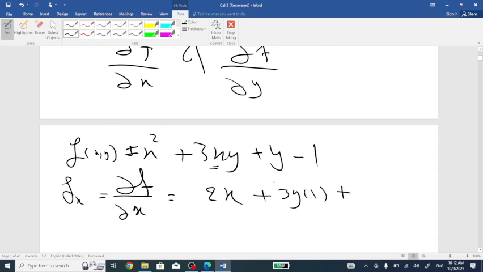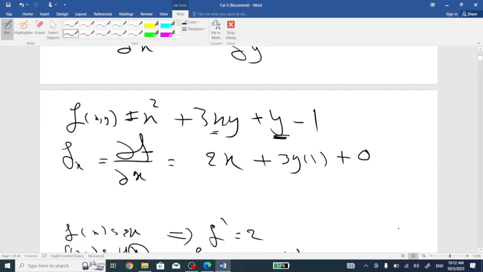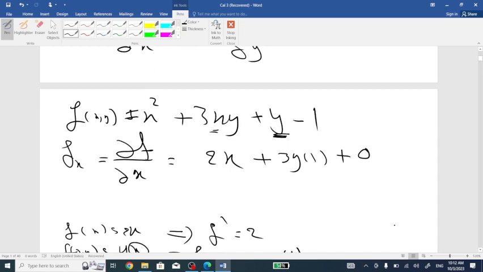No, 0. Why? Because y is a number, as I told you. So derivative of 2 is 0, so minus 0. You got it?